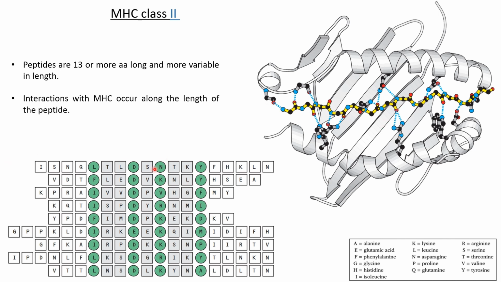And then again, it's the same experiment as before, sequence what you have. And we find in common with MHC1 that there is a lot of tolerated variation, but also some regions which seem to be conserved. Here we have leucine, phenylalanine, isoleucine.